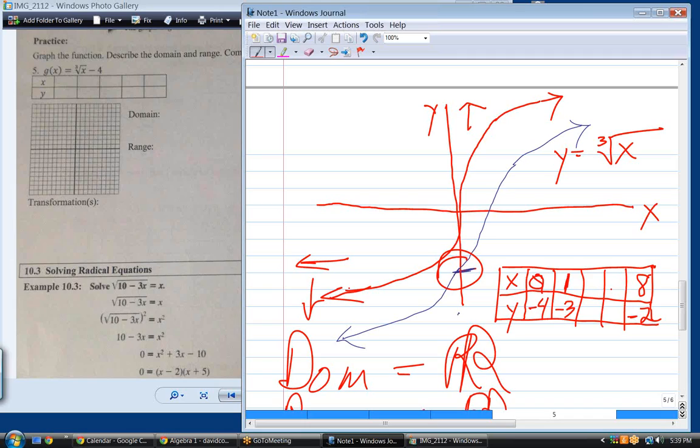Let's plug in some negative values for x. Let's try a negative 8. What's y? Well, what's the cube root of negative 8? Negative 2. So we got negative 2, and we're subtracting 4 from that. That would be negative 6. Okay.